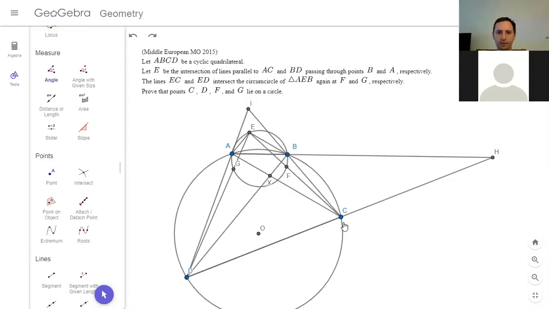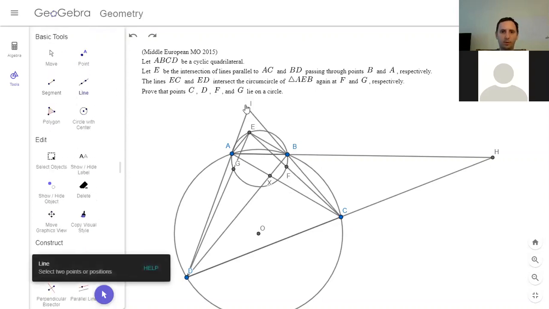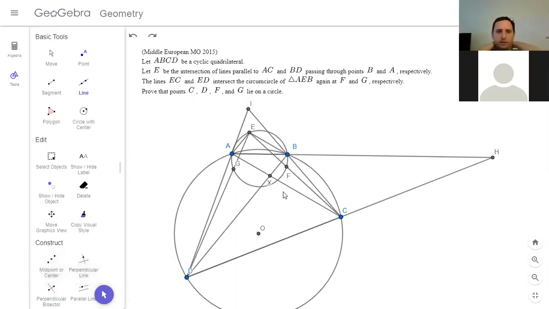Yeah, so it's kind of like we want to use Desargues. We want to show that IE, AG, and BF are concurrent, and then Desargues would solve it. And we know angle DIE is equal to angle BIX. I don't know if that helps.